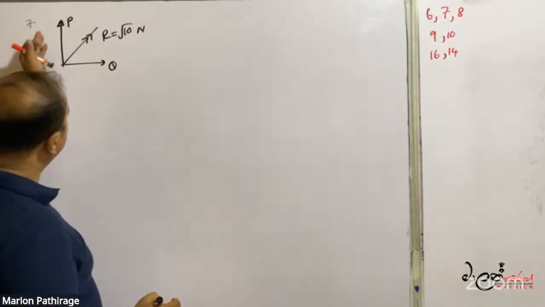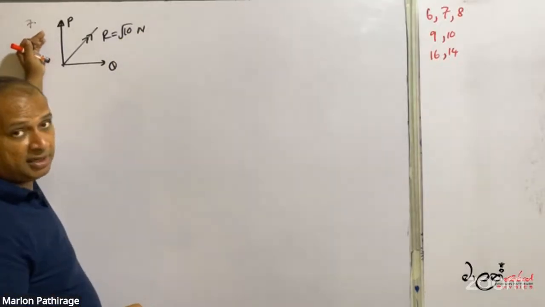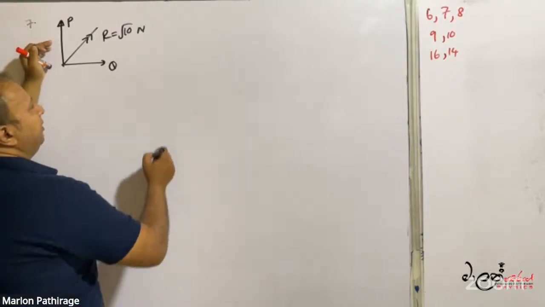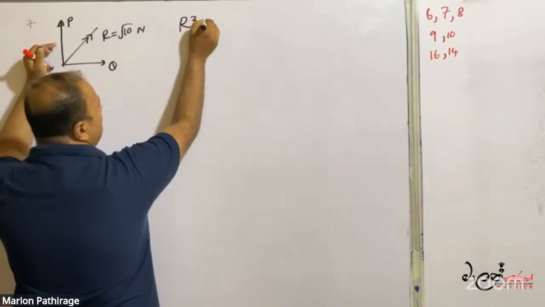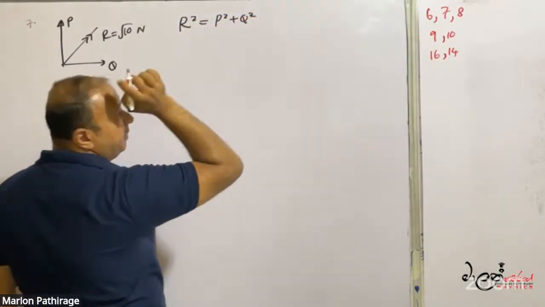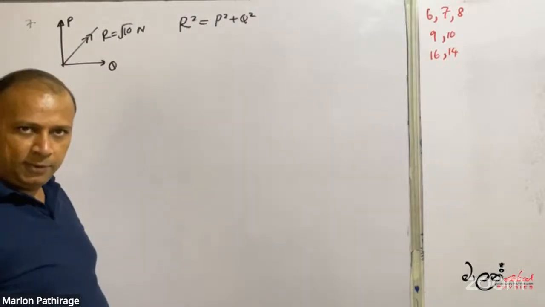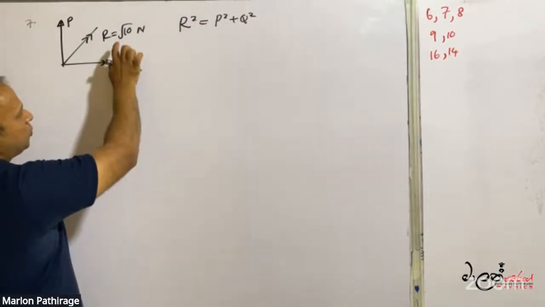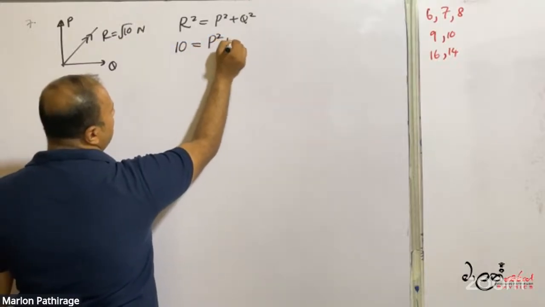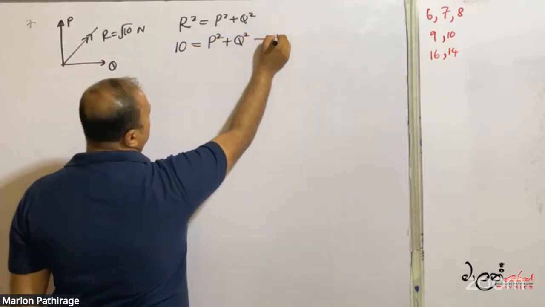So when they are acting at right angle, R square is equal to P square plus Q square. The other part is 0 because cos 90 is 0. Therefore, R square means 10, so 10 is equal to P square plus Q square. Equation number 1.